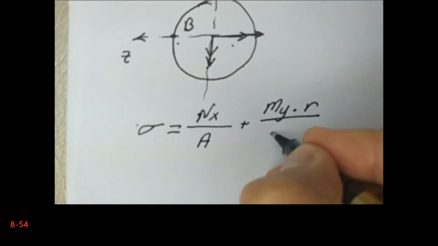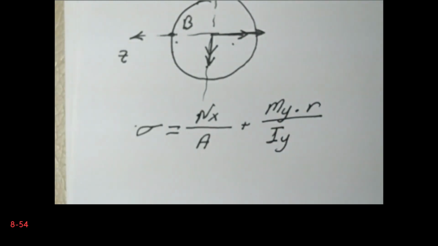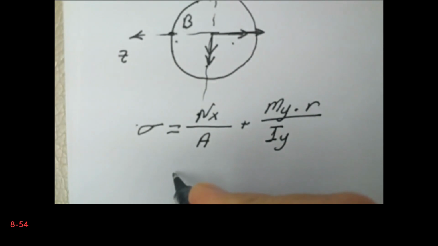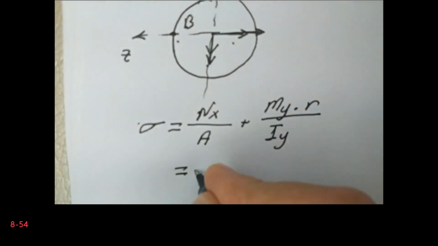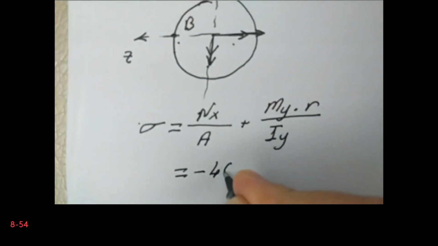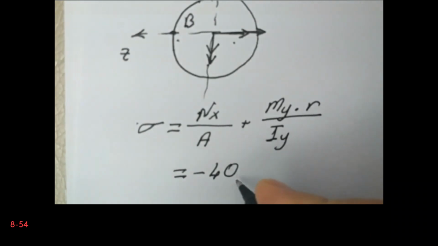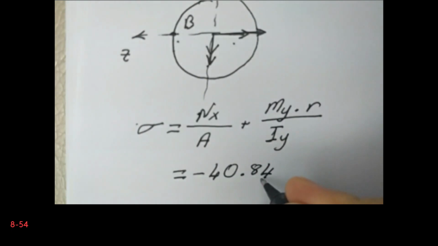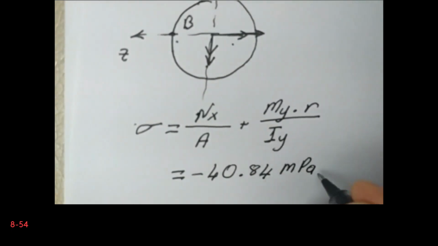So this is the normal stress. If you put the values, the value that you are going to have is minus .84 megapascals. So this is the answer of the question.